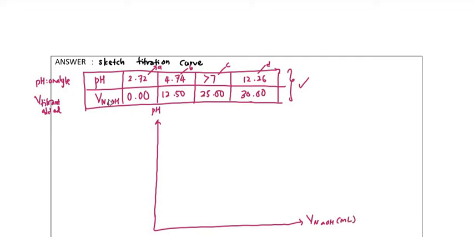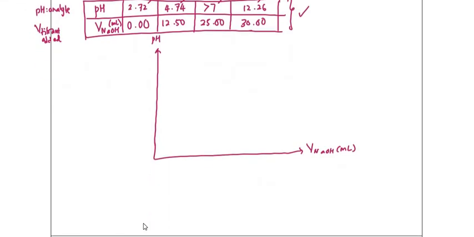Don't forget your unit here. Next, before adding, the volume is 0.00 and the pH is approximately here, 2.72. This is the first point.